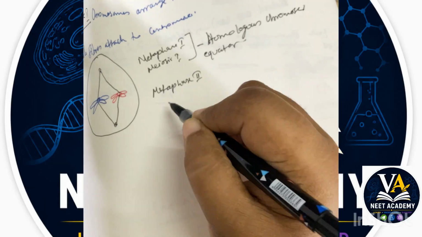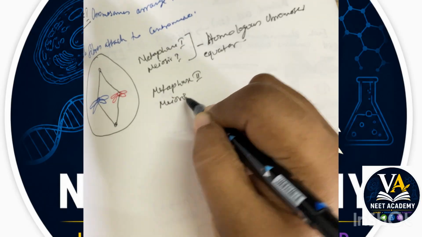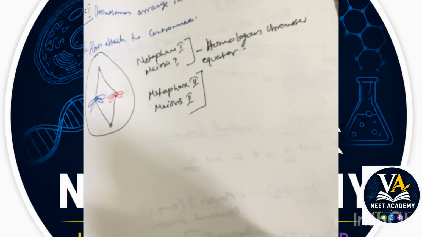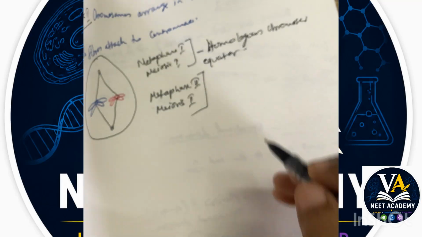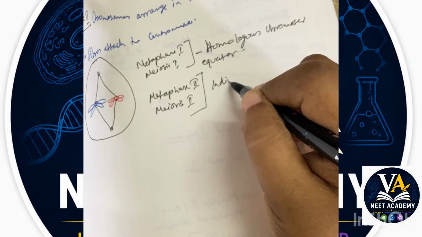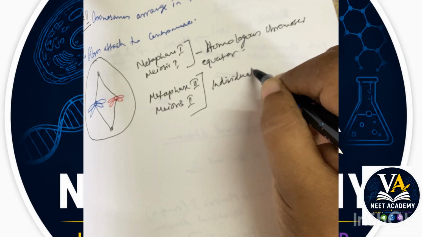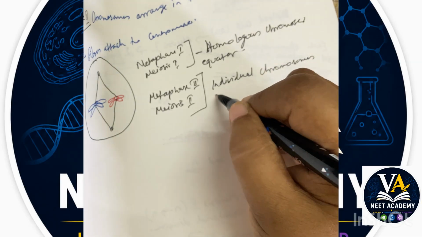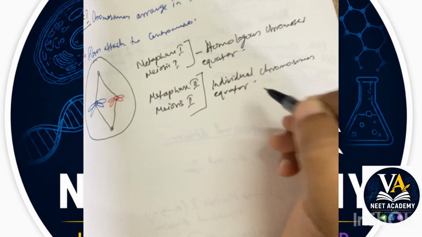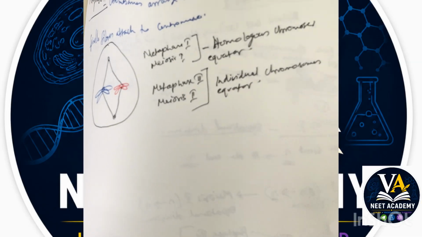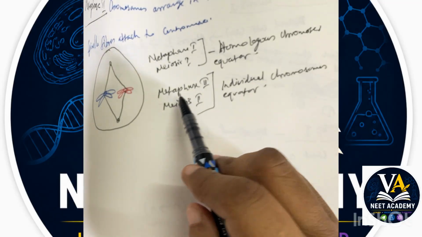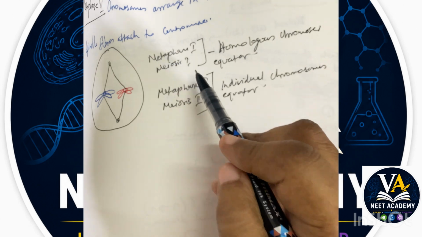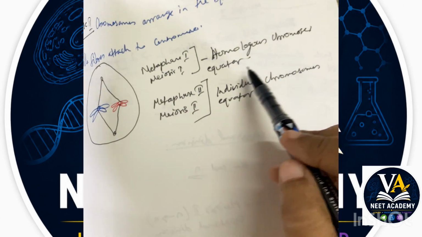In meiosis II, metaphase II, what is happening here? Here the individual chromosomes are arranging at the equator of the cell. So this is the difference: in metaphase of meiosis II, individual chromosomes arrange, and in metaphase of meiosis I, homologous pairs arrange.